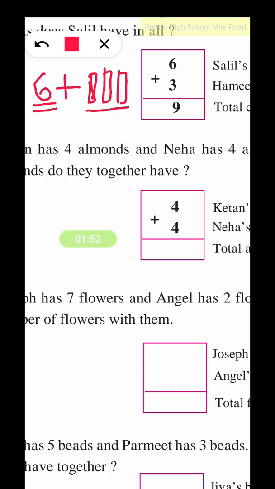So we will start counting from 6 onwards. 6, 7, 8, 9. How many chalks are there now? Total 9 chalks. So 6, we will write 6 as it is, plus 3 is equal to 9.